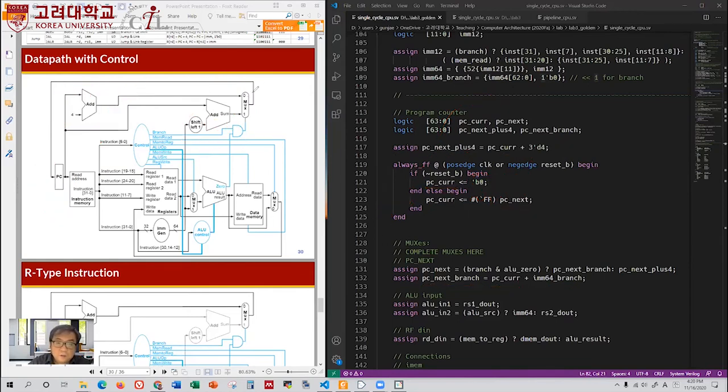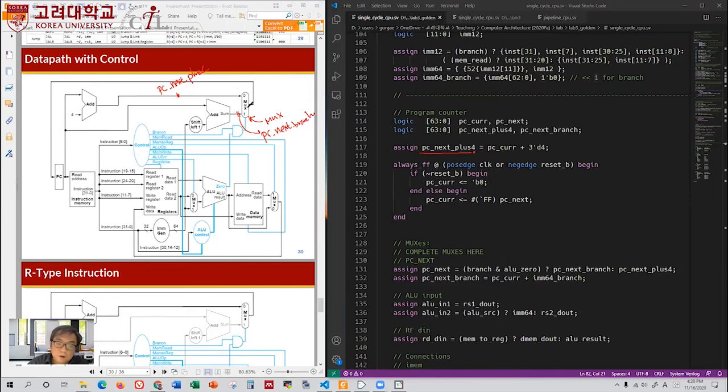And then you can see this mux here, and this mux receives what is this signal? It is the PC next plus 4 here. And this other input is the PC underbar next branch.